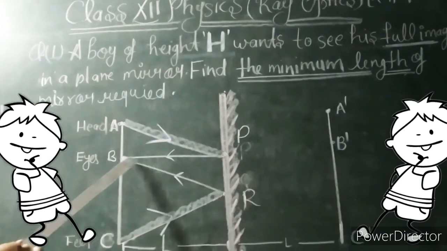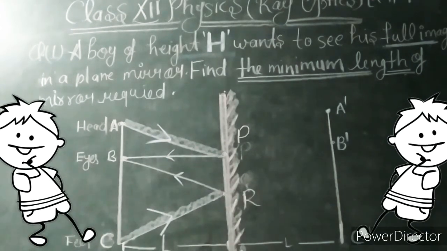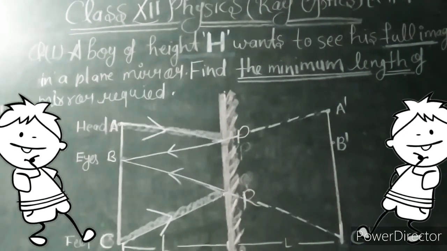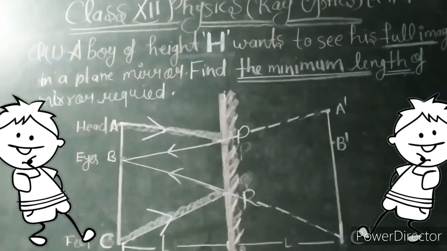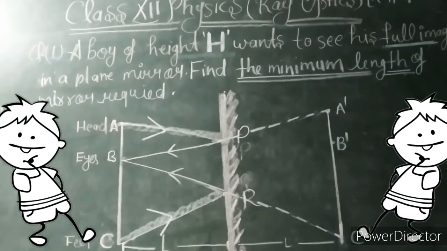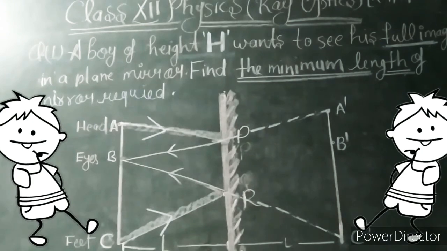After reflecting, the rays come towards our eyes. After striking the mirror, ray AP is reflected as PB and CR is reflected as RB.